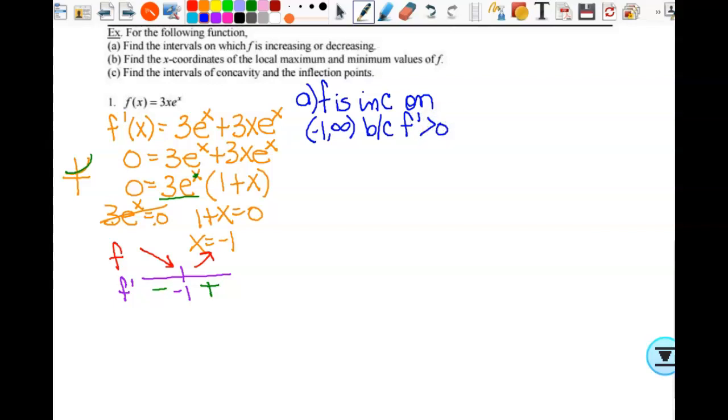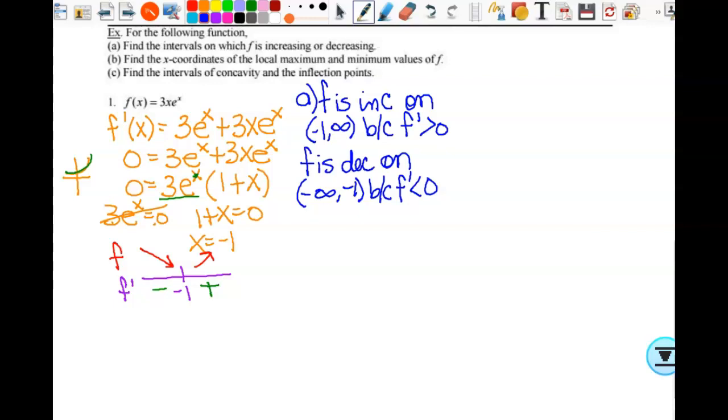And then I can say f is decreasing on what interval? -infinity to -1, because f prime is less than 0, or negative, because those are the same thing. So have we taken care of all of A? Yes. Okay.